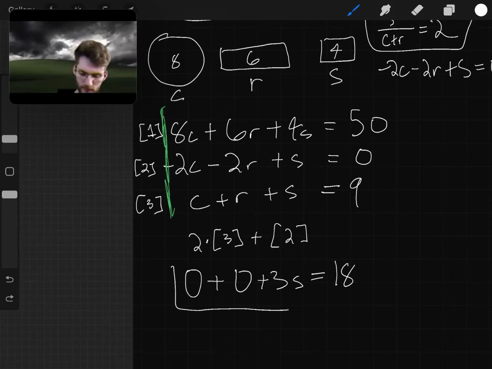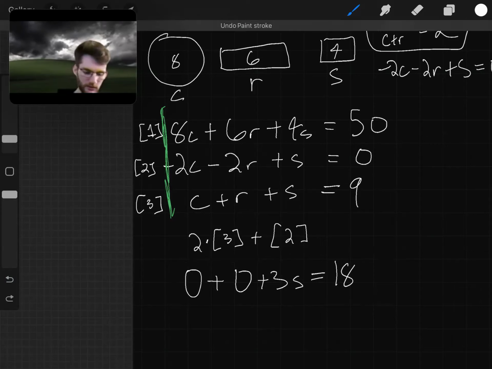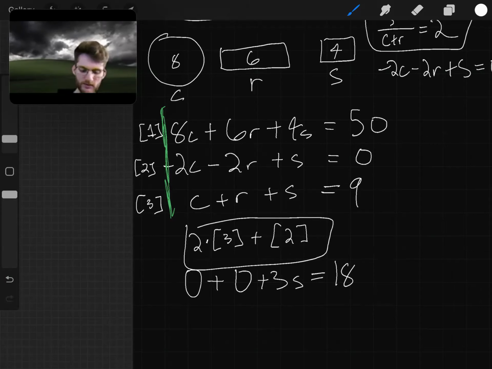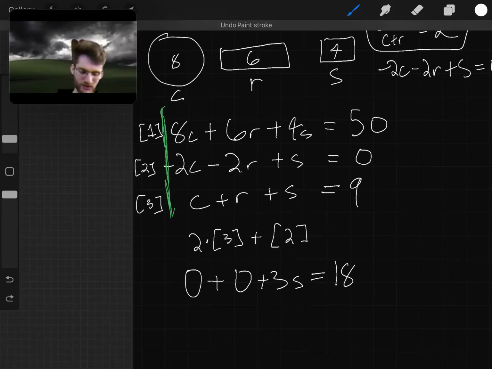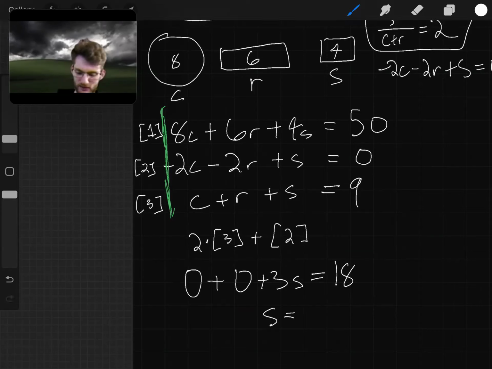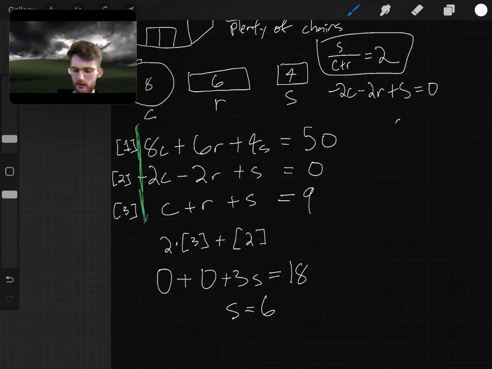So now I have this equation, which is equal to 2 times equation 3 plus equation 2. This is convenient because it's just s, and s equals 6 if you divide both sides by 3. And now I have s equals 6.